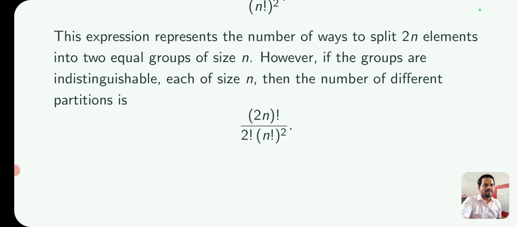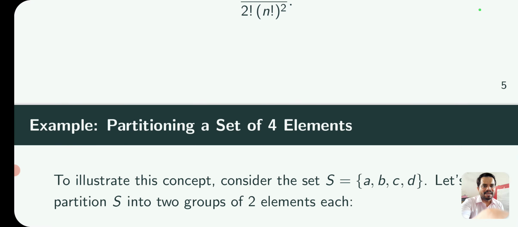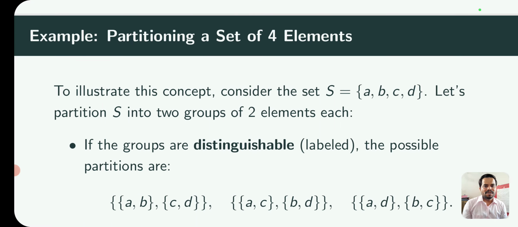So now we will see an example on this partition of a group. The first example: consider 4 elements. To illustrate the concept, consider the set S containing the 4 elements A, B, C and D. Let's partition S into 2 groups of 2 elements each.